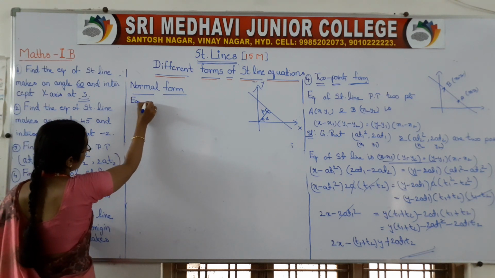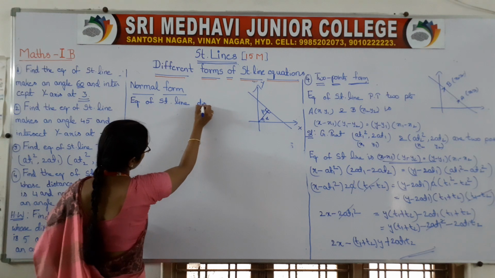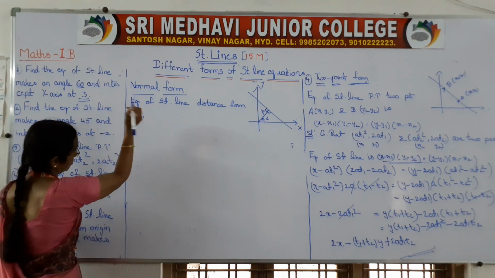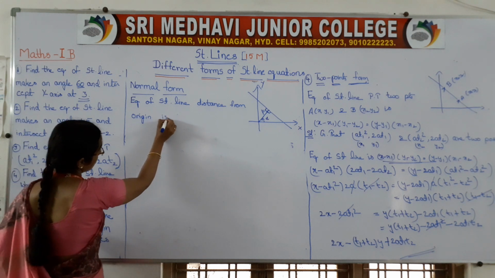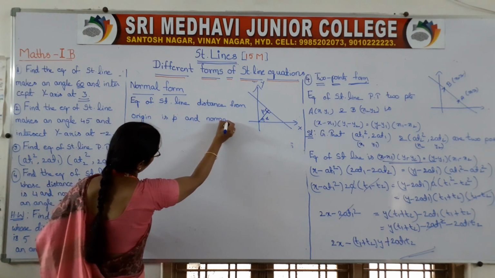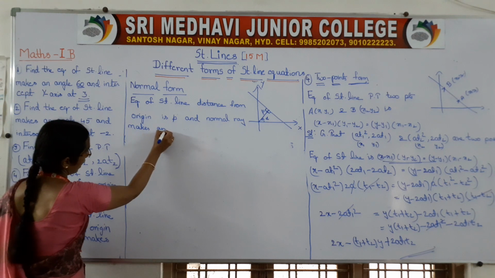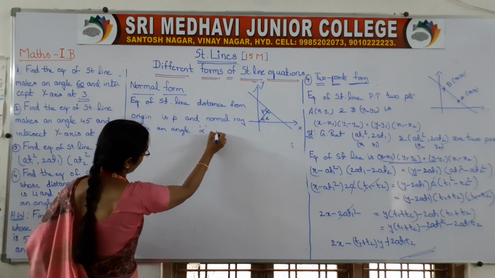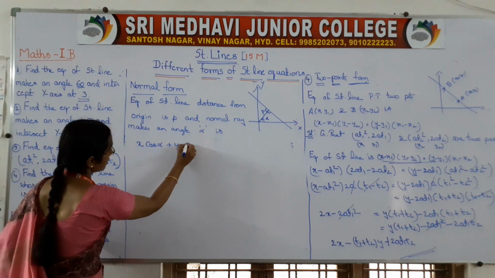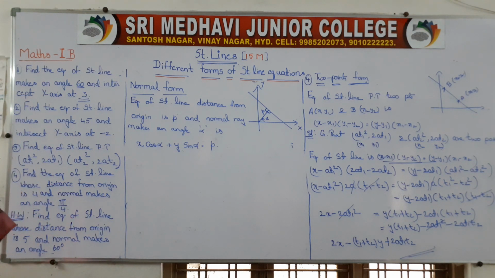So the equation of straight line whose distance from origin is P and normal ray makes an angle alpha is, that line equation is x cos alpha plus y sin alpha is equal to P. So this is your normal form.